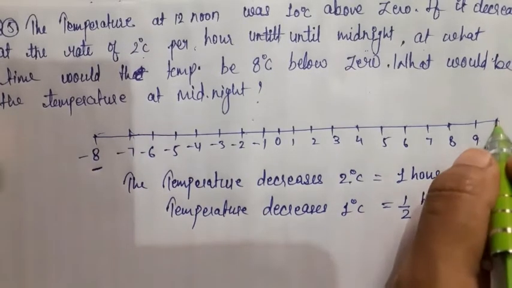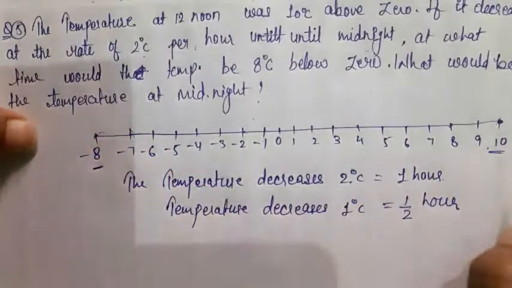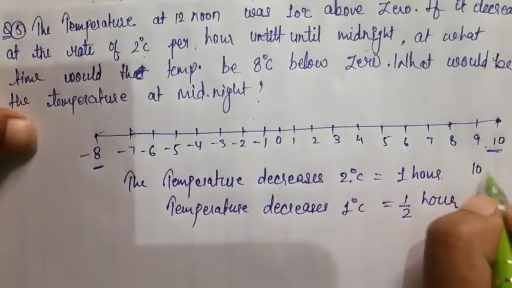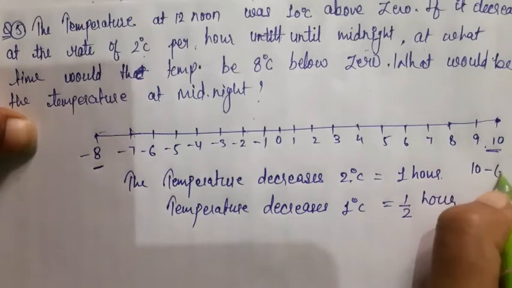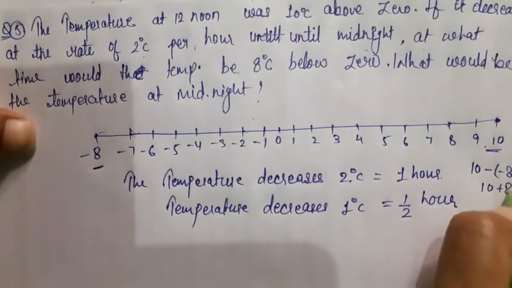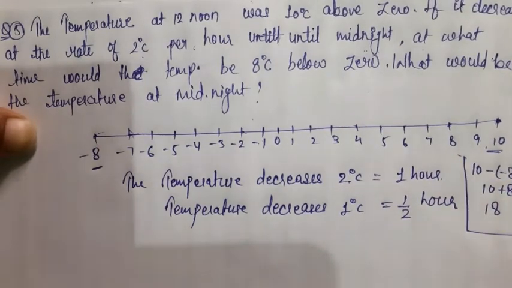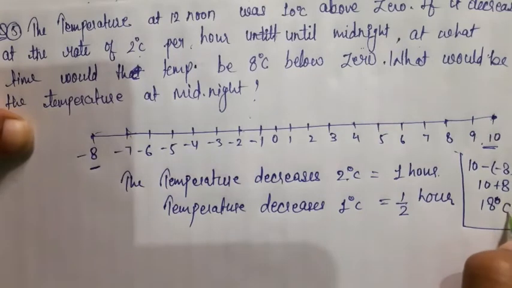Here we go from 10 degrees Celsius to -8 degrees Celsius, which means 10 minus of -8. So 10 plus 8 we get 18 here, which means the temperature decreases 18 degrees Celsius.